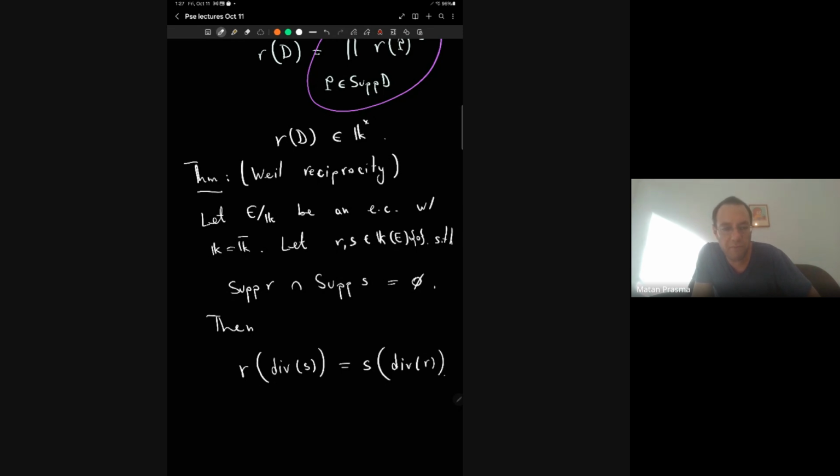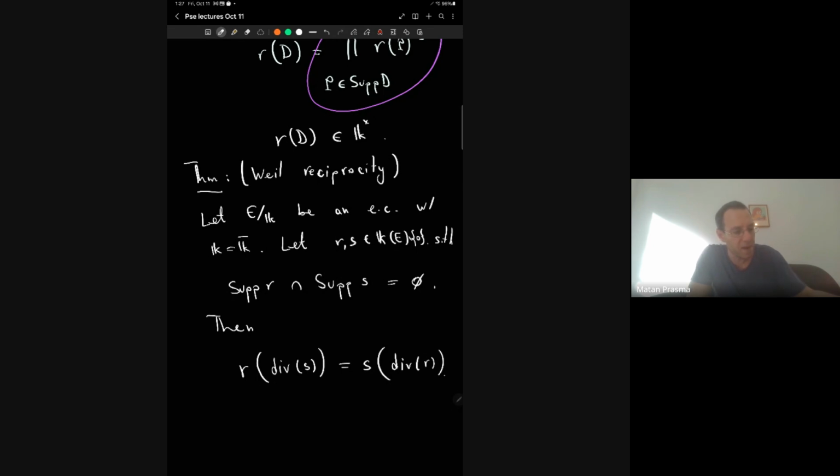There is a proof for Weil reciprocity over the projective line, and it's not a big deal to translate the proof over the projective line to a general curve.